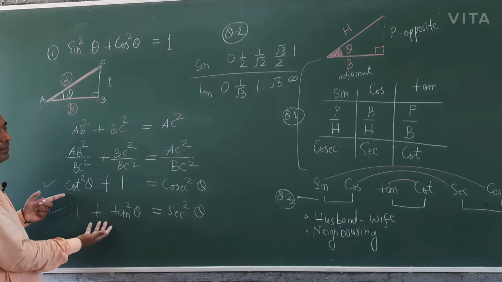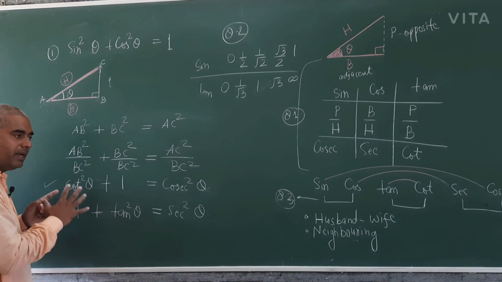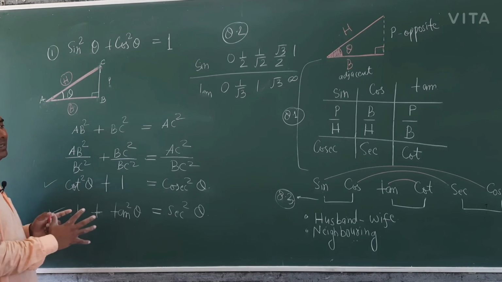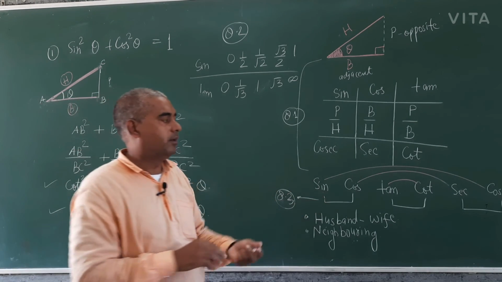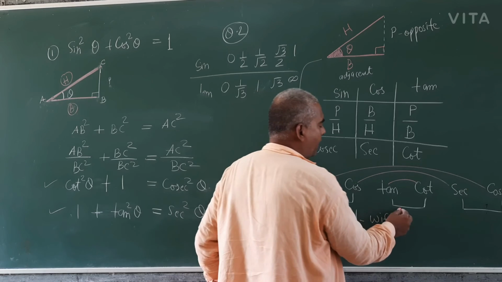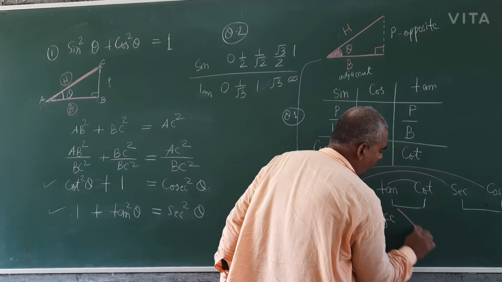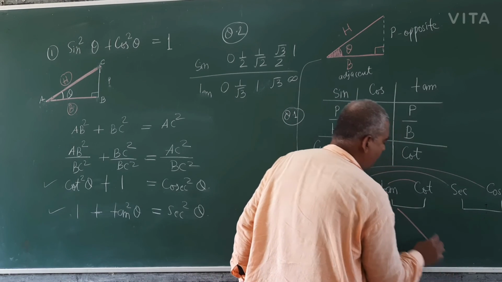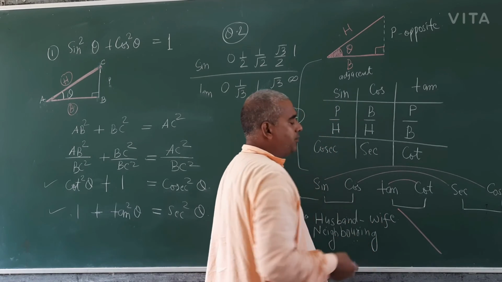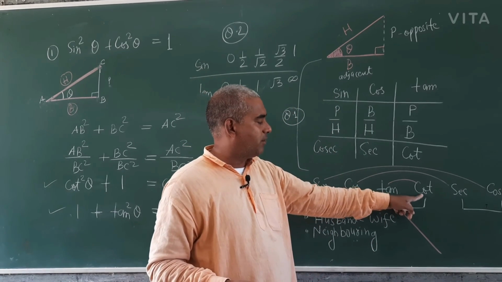sec square theta. So for that I have made a technique using the same figure of the triangle. Suppose this is the husband and this is the wife.